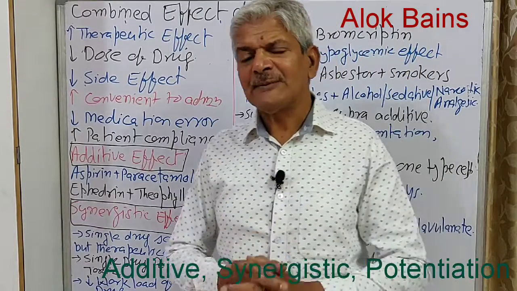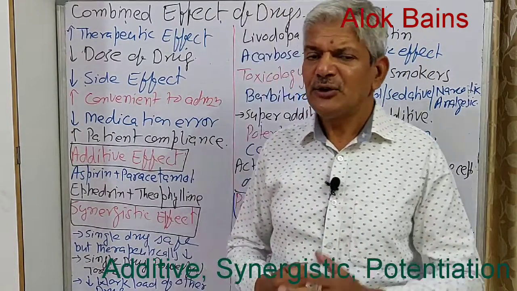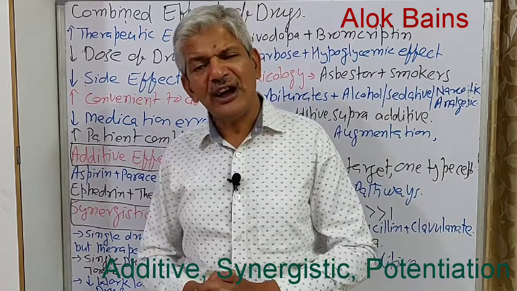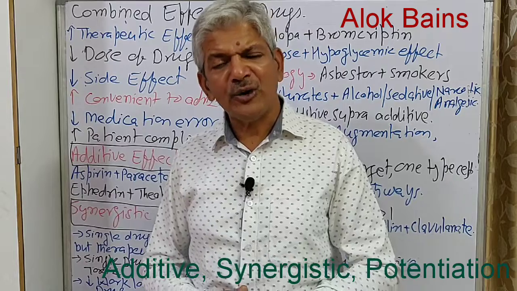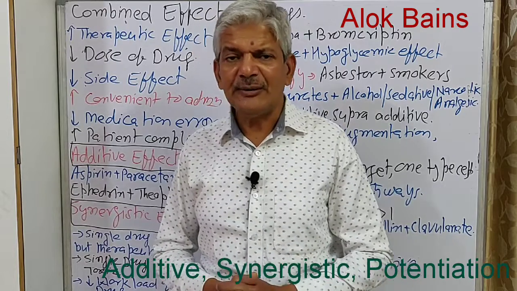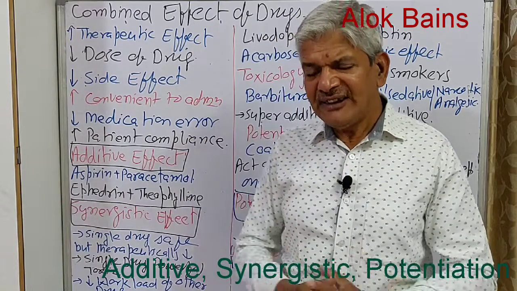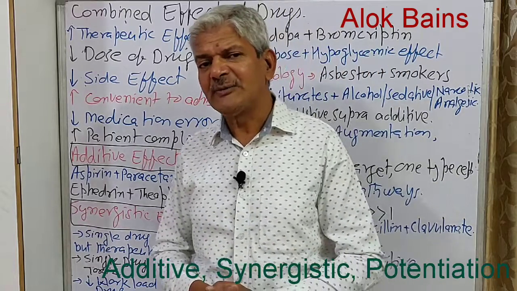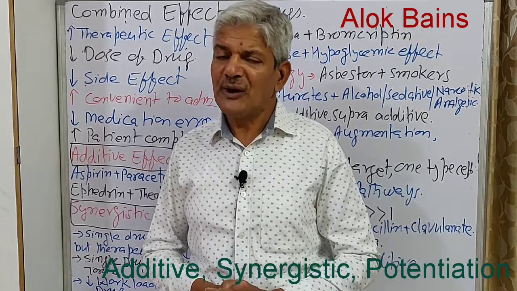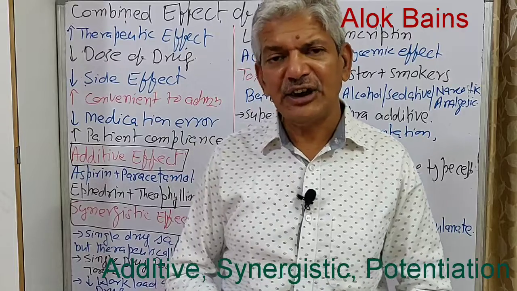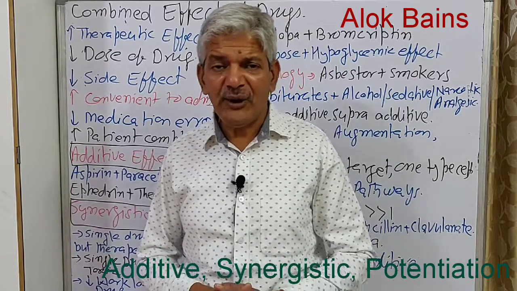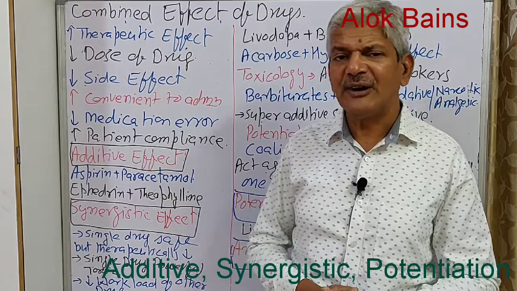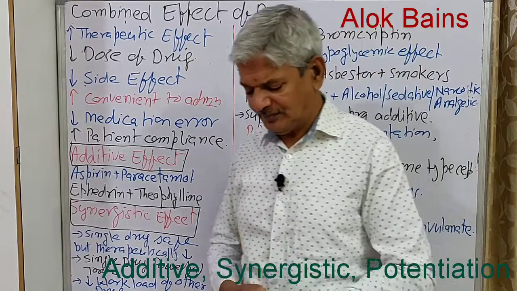These relationships also exist in pharmacology regarding drugs. If we are using 2 or more drugs to treat a patient, in that condition, the effect of these 2 drugs or more than 2 drugs may be equal to 1 plus 1, that is 2, or it may be 1 plus 1 more than 2, or it may be 1 plus 1 less than 2.